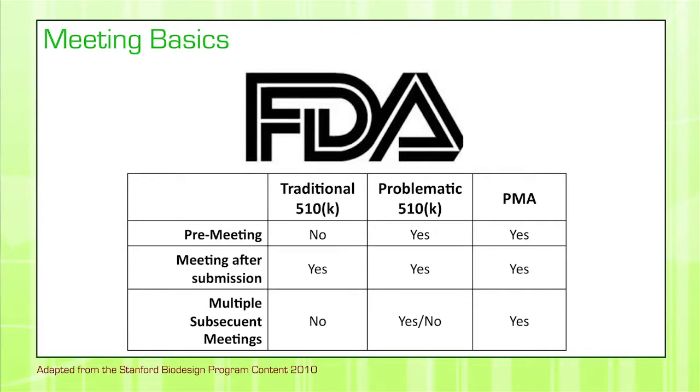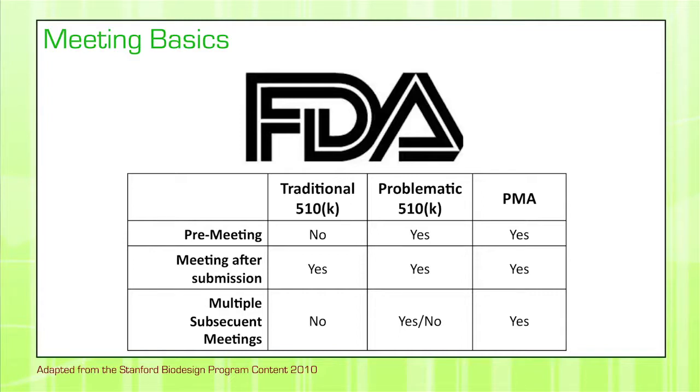In this case, for traditional 510Ks, it is recommended not to have a pre-meeting, because if you do so, it may indicate to the FDA that you don't have any idea what your product is capable of, or that you don't know a lot about your product, and you don't want to express that idea to the FDA. Nonetheless, in traditional 510K applications, you do need to do a first meeting of submission, and it could be required to do multiple subsequent meetings, but generally no.